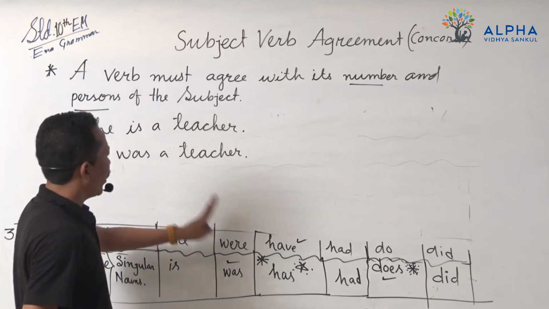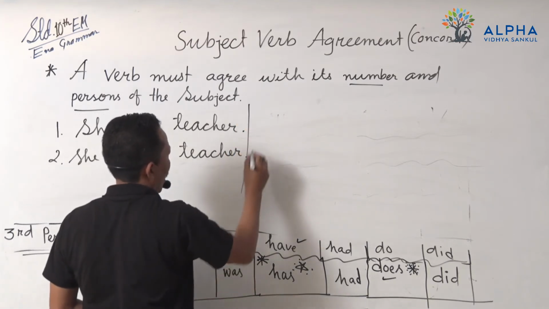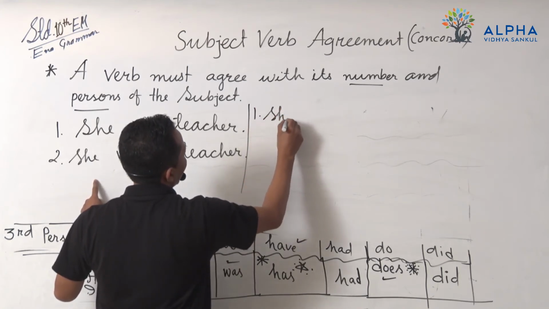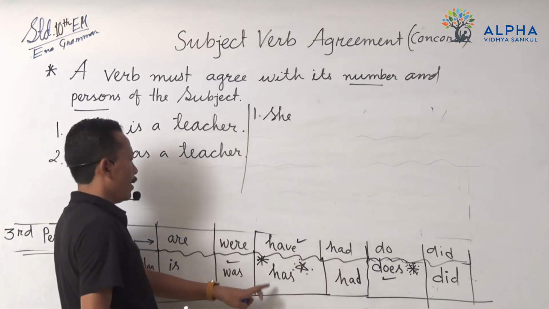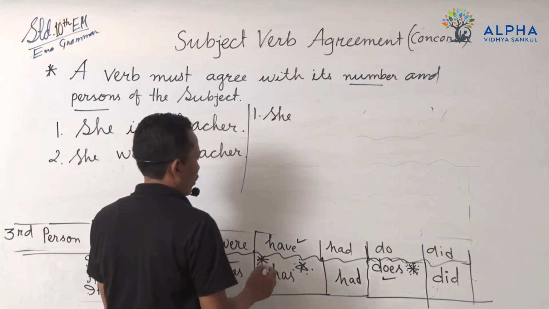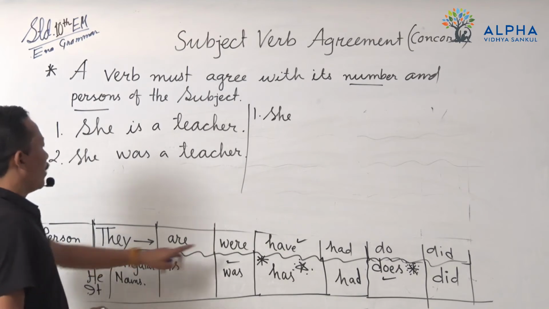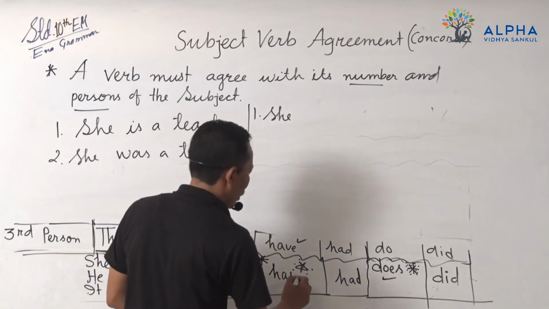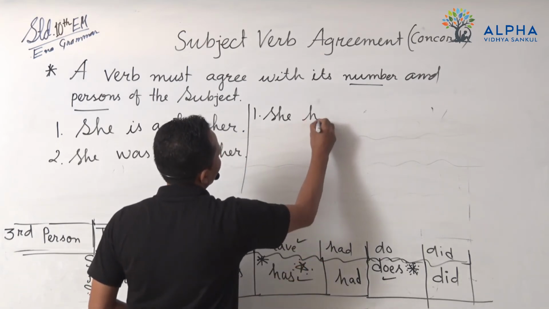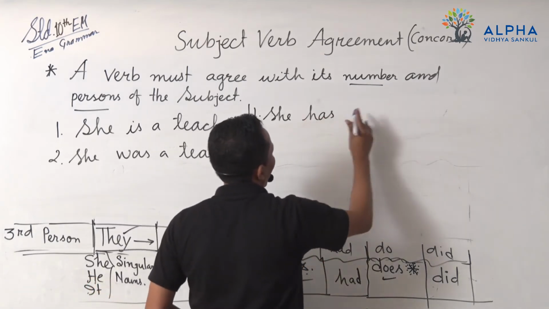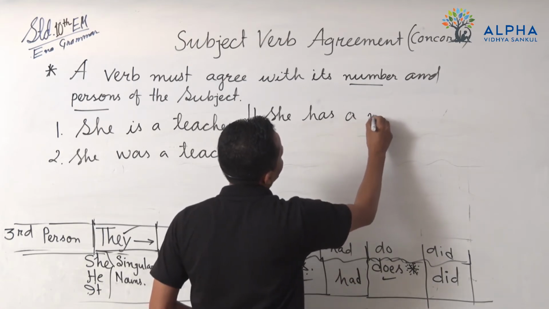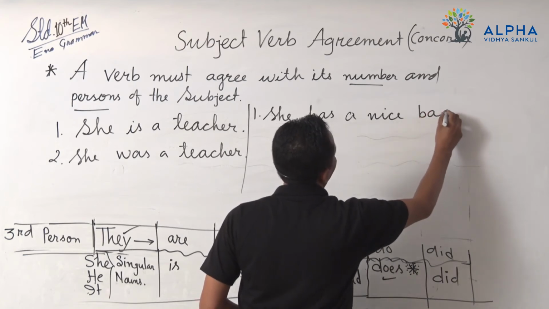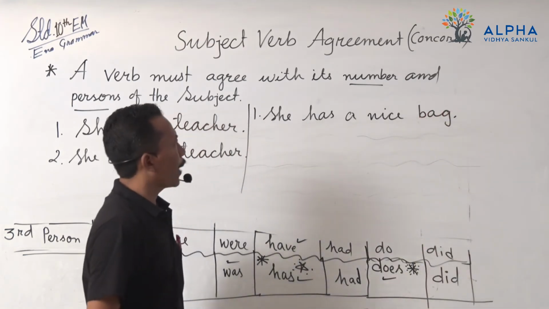Then, if we come to this have, has, number one, she, what will be here? "Have" is for they. And she, he, it, we have to use "has." She has a nice bag. He has a nice bag.